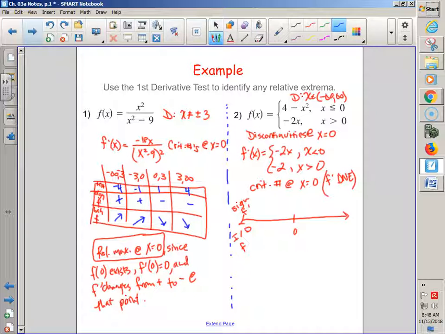Negative 1. I would plug in negative 1, and well, doesn't that put me in this interval right here? So I plug in a negative, and negative 2 times negative 1 is positive, right? So I can say, oh, sweet, positive. And I can plug in a positive 1, which would be in this interval. Well, plugging in, that's just always negative 2, so that will always be a negative.